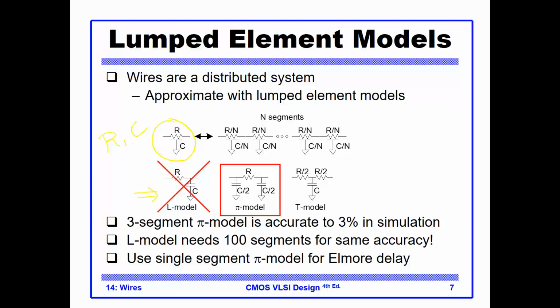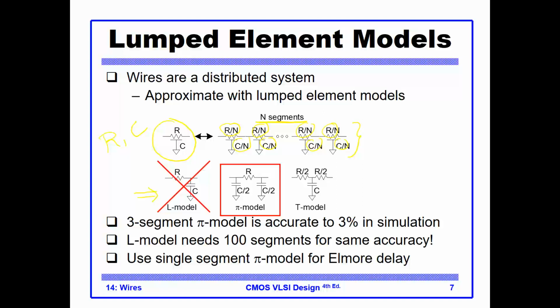And the answer is no, because it will produce over-pessimistic results. What we should do is rather divide the wire into n segments and have a resistance and capacitance for every segment in my simulation or circuit analysis. For simulation, this might be fine.